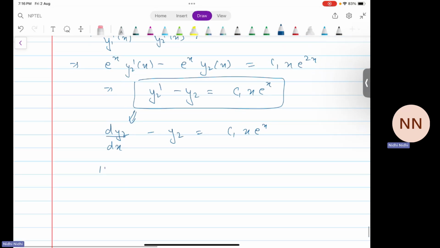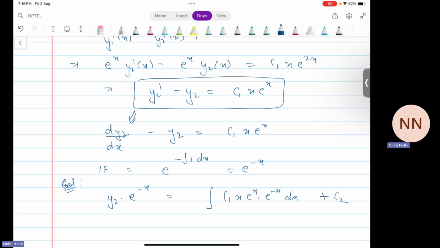So we have the integrating factor e to the power minus integration of 1 dx, which is e to the power minus x, and its solution is given by y2 times the integrating factor is equal to the integration of c1 x e to the power x e to the power minus x dx plus some constant c2.